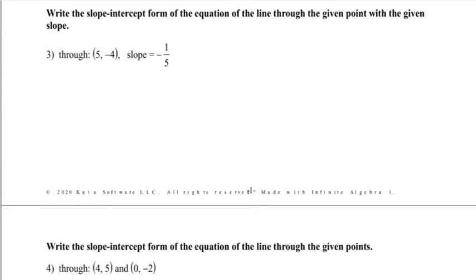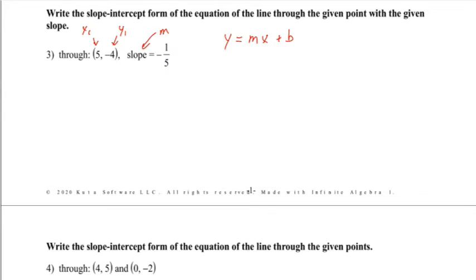If we take a look at our third problem here, they're giving us a point that the line passes through. And we remember that this is always written in some form x1, y1, and they're giving us the slope value directly. And we know that slope is equal to m. So we're looking to write our equation y is equal to mx plus b.